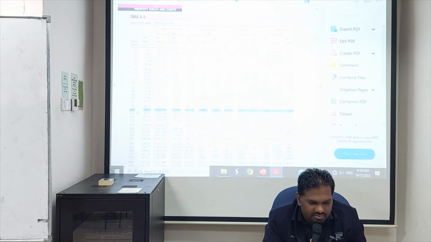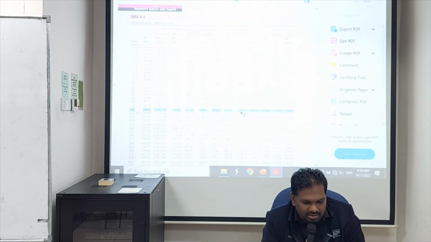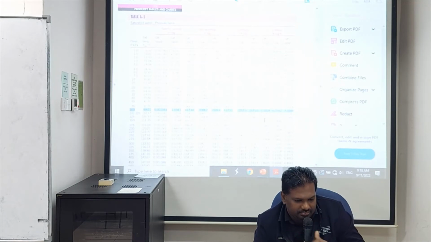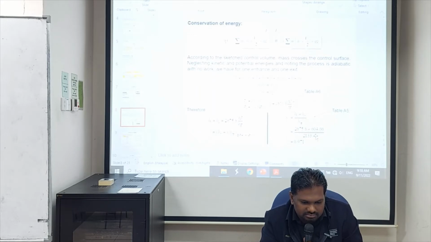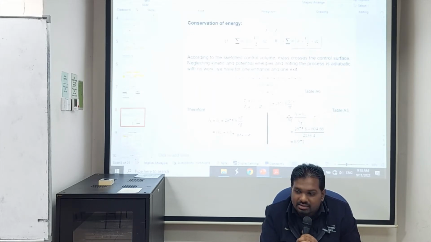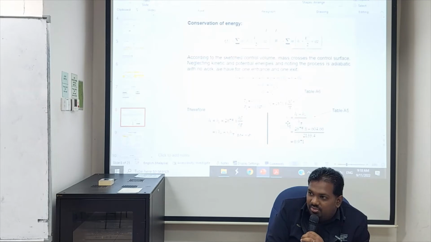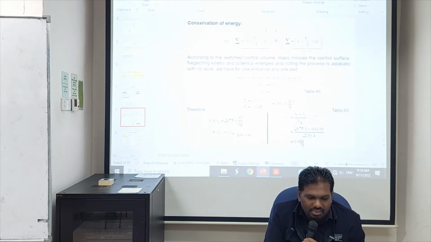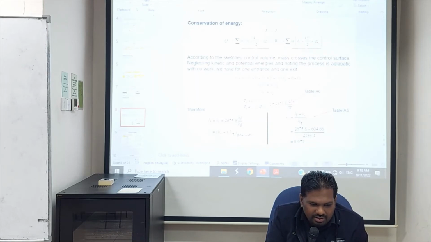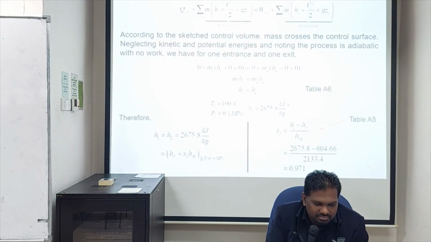So you take the values here, 417.151 and 2257.5. Okay, so substitute back here. So you will get the value of X1 equals to 0.971. Okay, so this is how you can get the values.